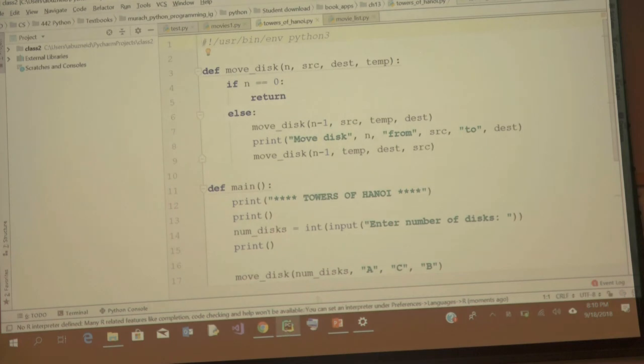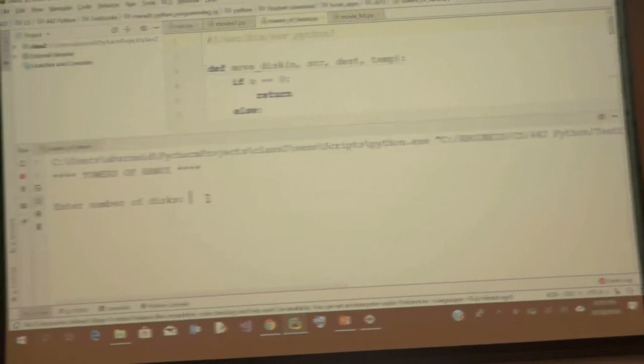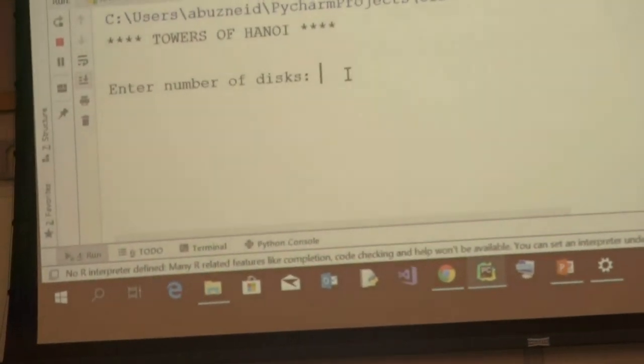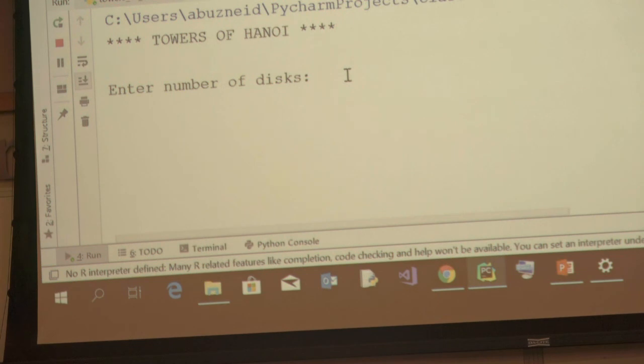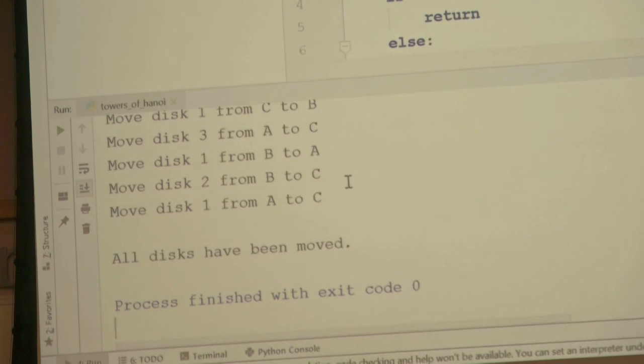All right, this is the program, and I will run it here. So enter the number of disks. How many disks do you need? How many? 3. Easy, right?